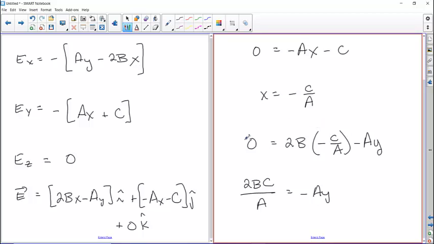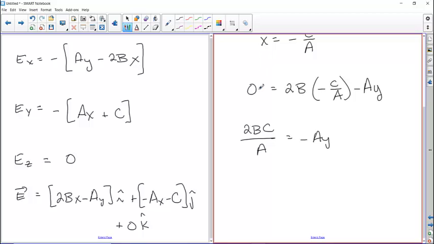What I've done is move that to the other side, so it becomes positive, and I have 2bc divided by a. And then finally, you're going to divide by negative a. So you get y is equal to negative 2bc divided by a squared. So that is the answer. Those are the answers, whatever the constants are.